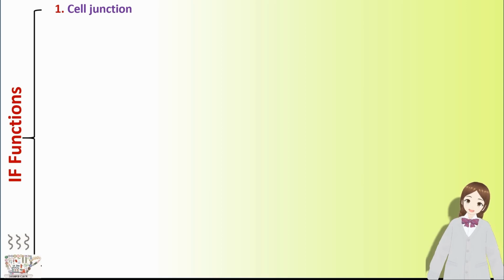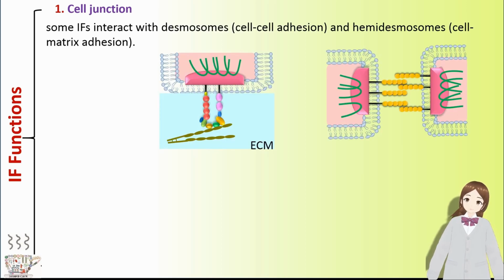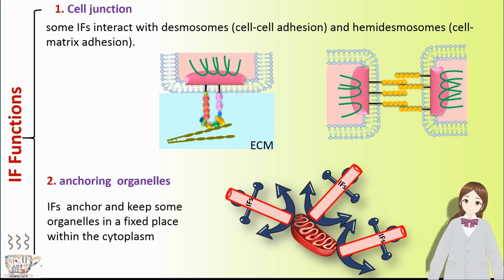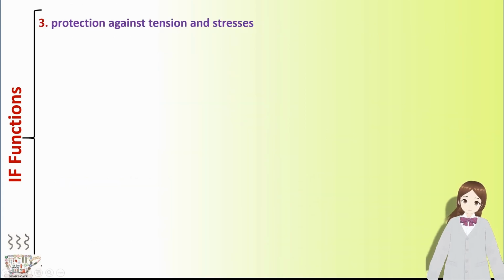Intermediate filament functions. 1. Cell junction. Some intermediate filaments interact with desmosomes, cell-to-cell adhesion, and hemidesmosomes, cell-matrix adhesion. 2. Anchoring organelles. Intermediate filaments anchor and keep some organelles in a fixed place within the cytoplasm. 3.